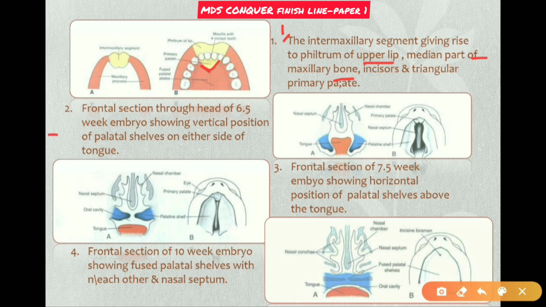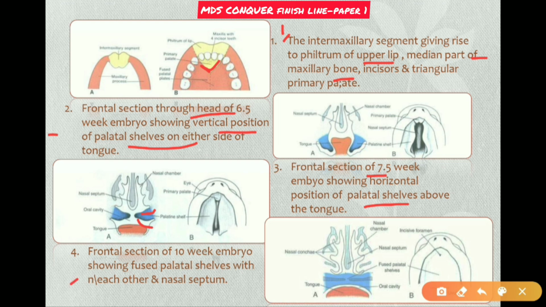Then a frontal section through the head shows the vertical position of the palatal shelves on either side of the tongue. Then at the 7 to 7.5 week, the embryo shows the horizontal position of the palatal shelves above the tongue. You can represent this diagram.